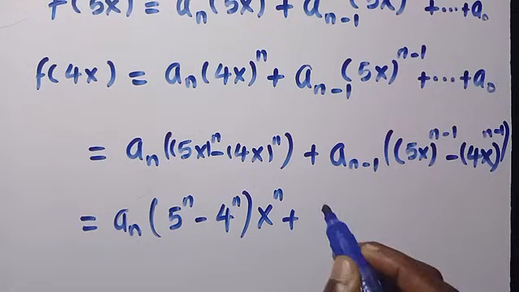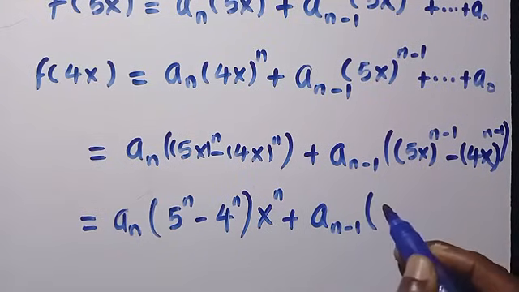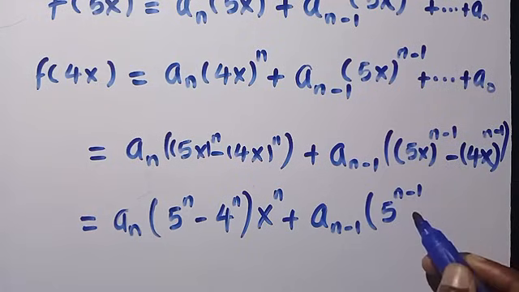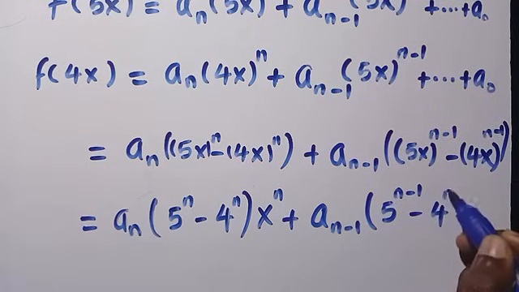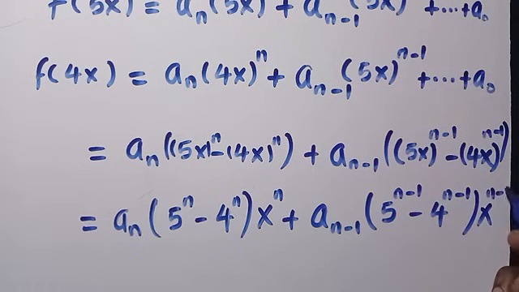Plus applying the same thing here, we have a_(n-1) open bracket 5 we take to power of n minus 1, then minus 4 also raised to power of n minus 1, bracket everything x raised to power of n minus 1, and it also continues like that.